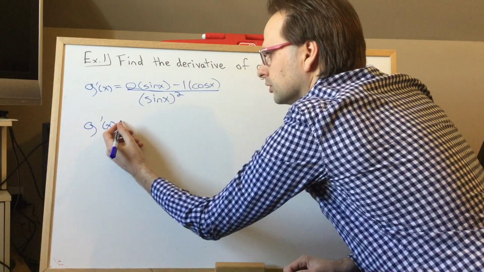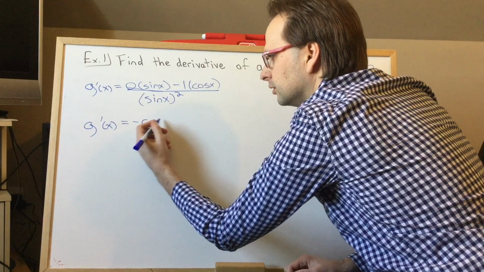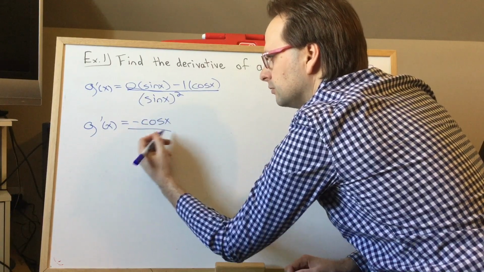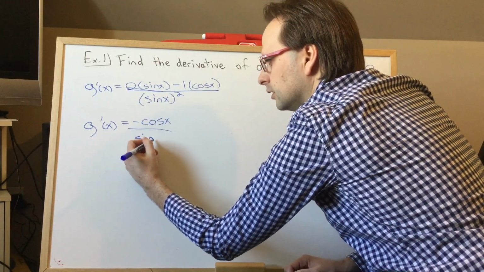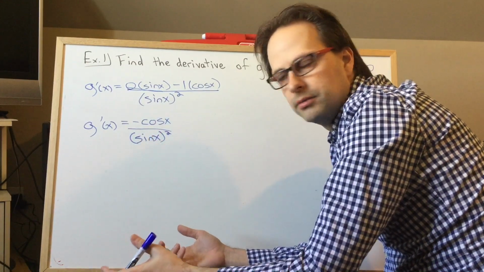And it works out pretty nicely. We're going to have 0 minus cos x, so negative cos x. I'm going to leave this as sine x all squared, though we could write it as sine squared x.